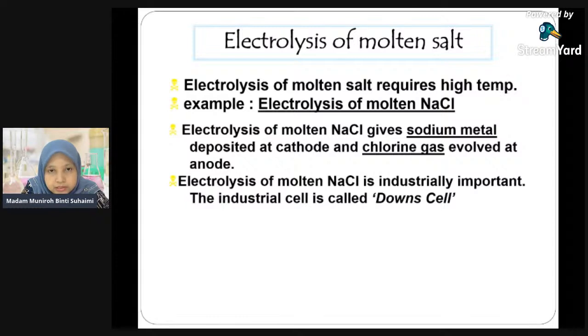For example, the electrolysis of molten sodium chloride gives sodium metal deposited at the cathode and chlorine gas evolved at the anode. This electrolysis of molten sodium chloride is industrially important. The industrial cell is called the Downs cell.